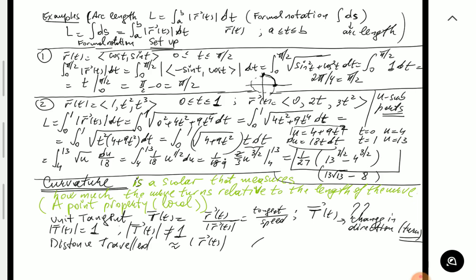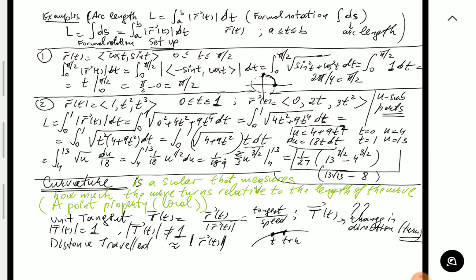We're talking about, again, on the curve, what happens nearby a point t. T prime of t gives the change in direction at that point, and the magnitude of r prime of t is how much is traveled at that point. In other words, the speed, if you go back to the analogy of the mobile on the curve.